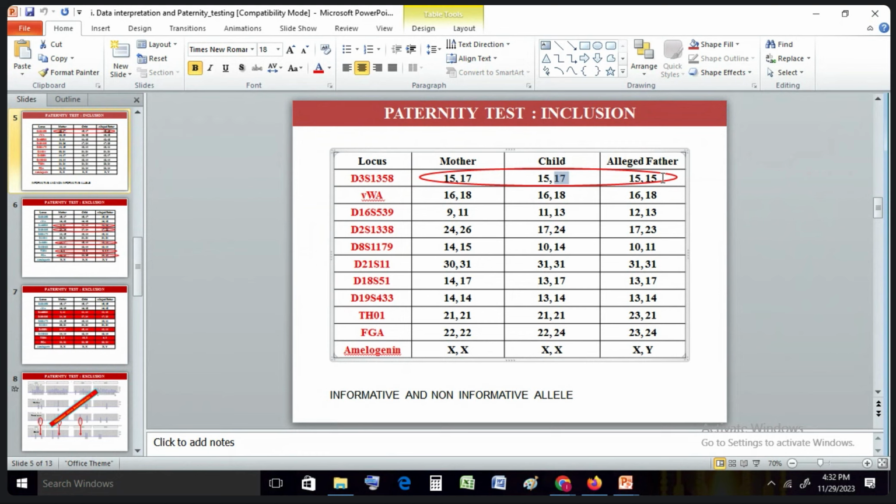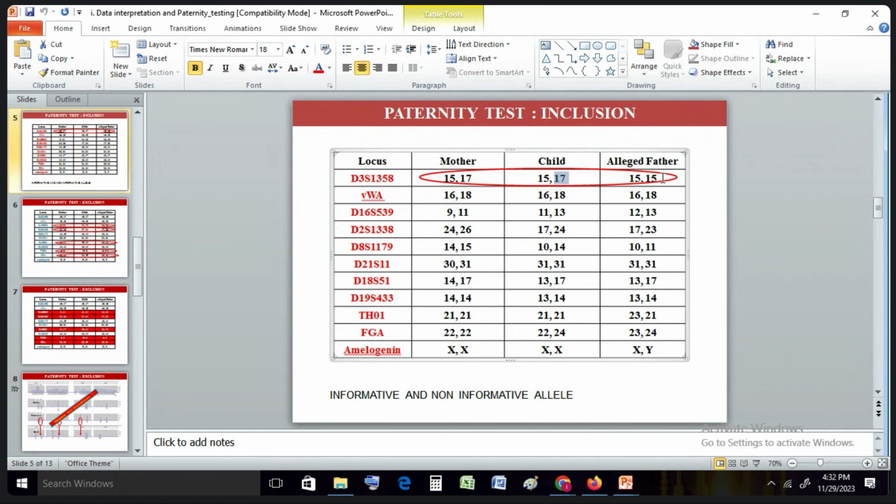If you think the 15 has come from the mother, 17 must come from the father. But this person does not have 17. So it is a mismatch result. যদি 15 মাদার থেকে আসছে চিন্তা করো, 17 is not present in the father, so it is a mismatch. Is that clear?